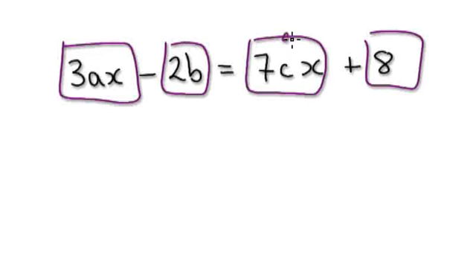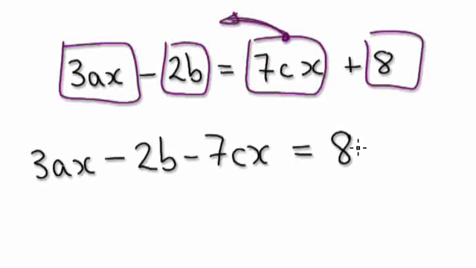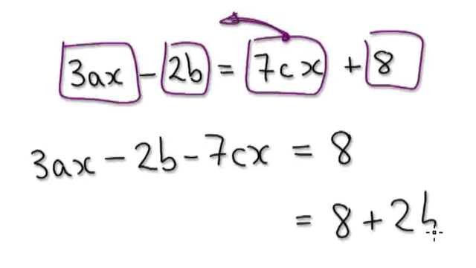Add this to both. Take away this from both sides. So you end up with this: 3ax minus 2b, and then take away 7cx equals 8. Okay. And now you can add 2b. So here it will be 8 plus 2b equals, well, on this side you will have this.